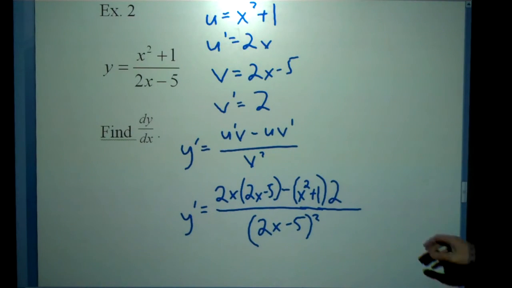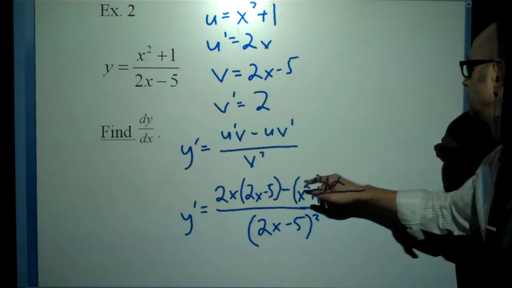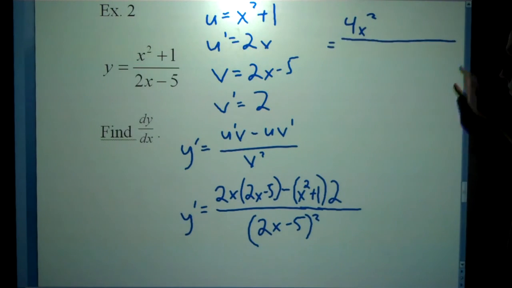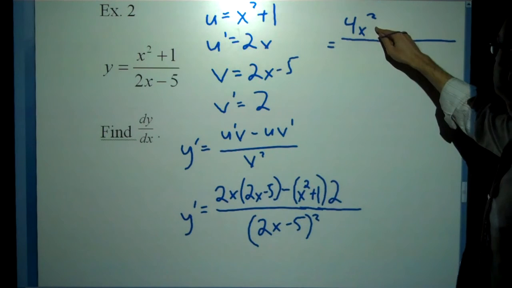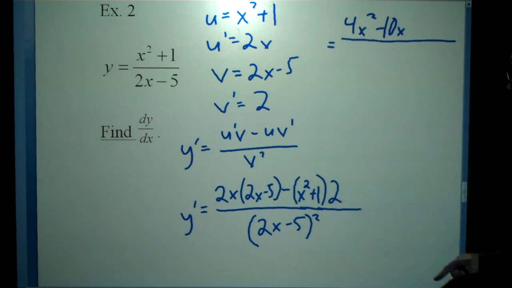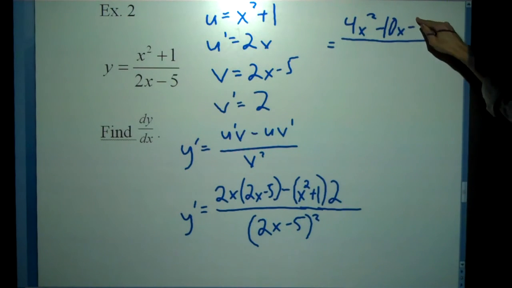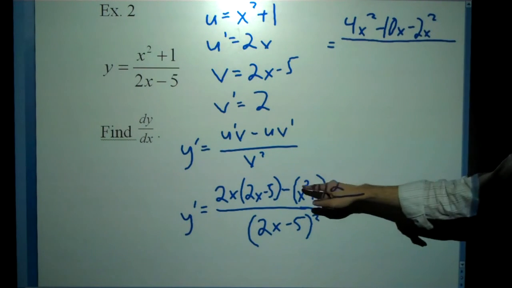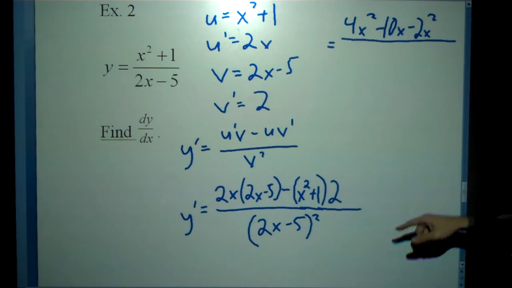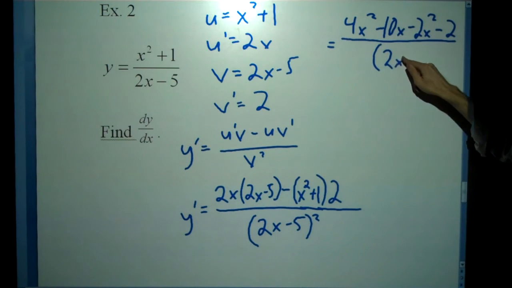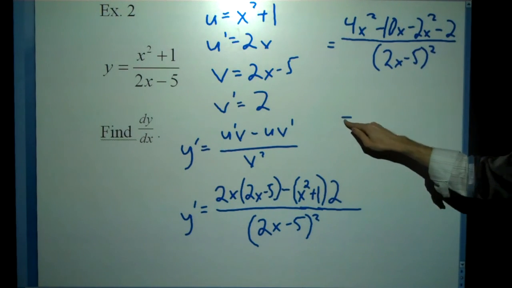I think once again we're probably going to want to do some distributing and clean up that numerator. So 2x times 2x gives me 4x squared in the numerator, minus 10x, minus the 2 times x squared will be negative 2x squared, and then that minus the 2 times the 1 will be minus 2 all over the quantity 2x minus 5 quantity squared.